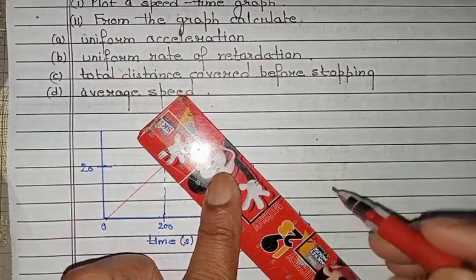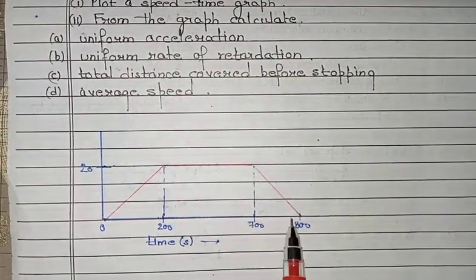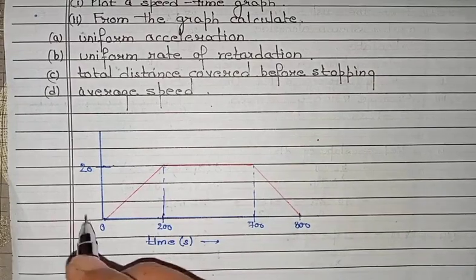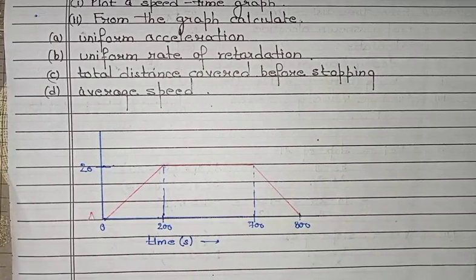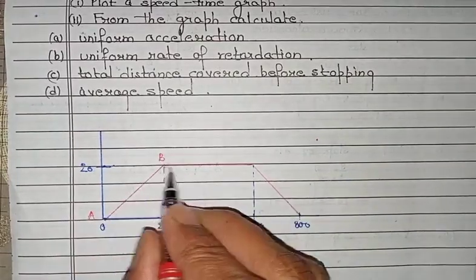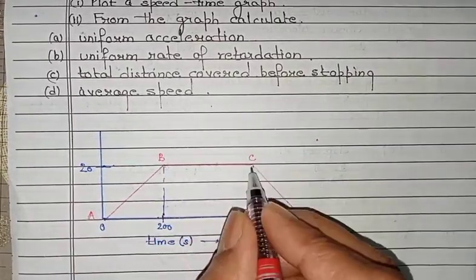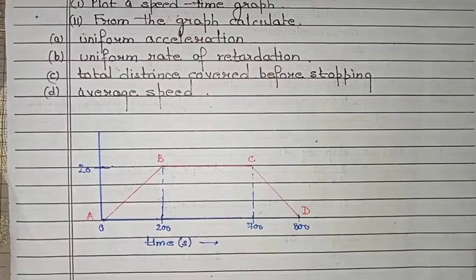So graph comes like this. So see, we have three types of motion. In the first type, it's an accelerated motion, AB. Then you have uniform motion, and finally it's a retarded motion. So graph will be like this.